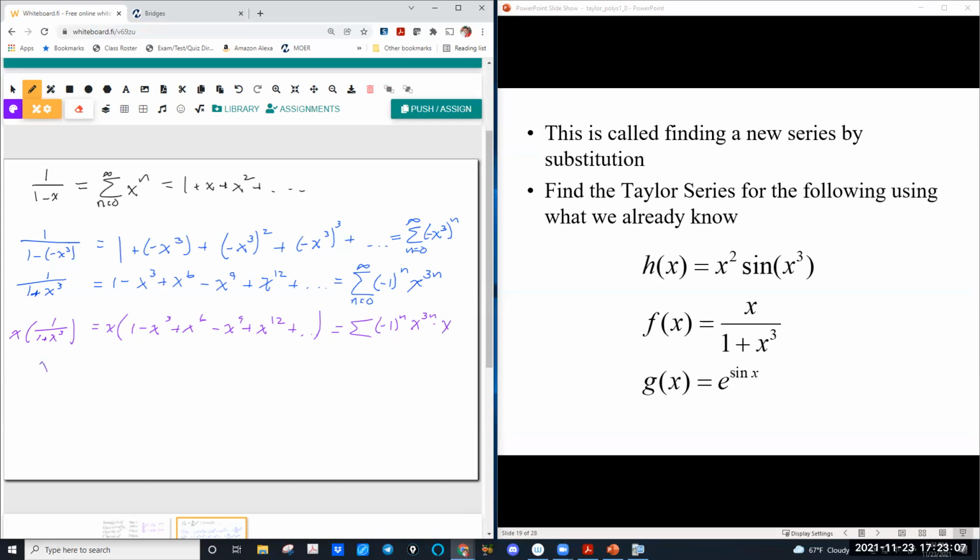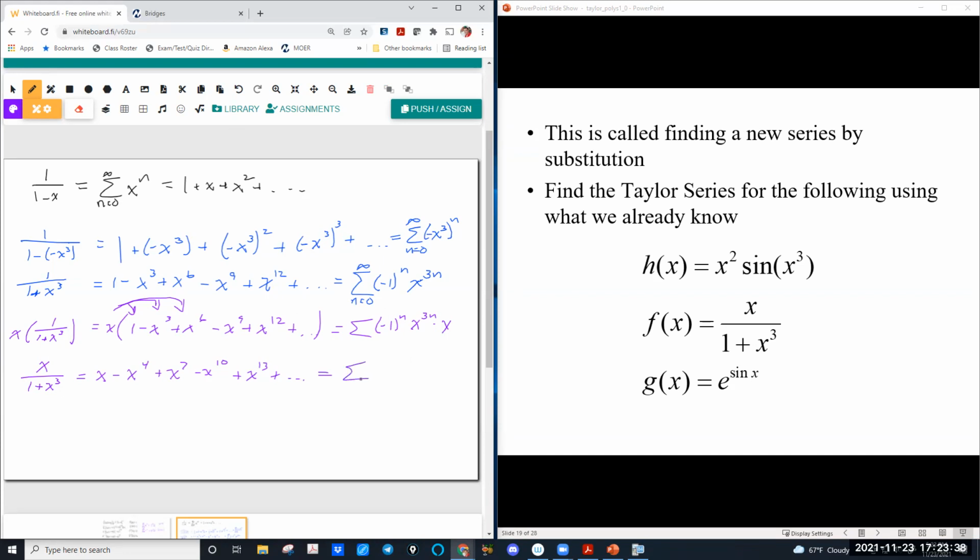We wanted the Taylor expansion for x over 1 plus x cubed. We're going to just distribute that x to all these terms, which really just raises the exponent by 1. So x minus x to the 4th plus x to the 7th minus x to the 10th plus x to the 13th, and so on and so forth.